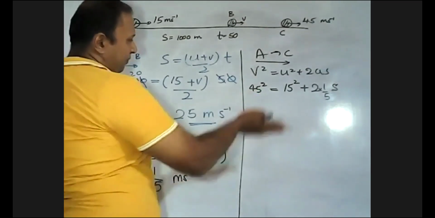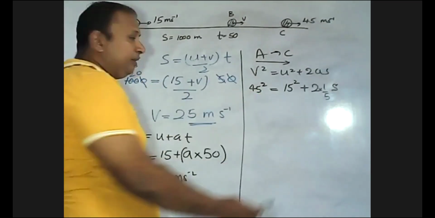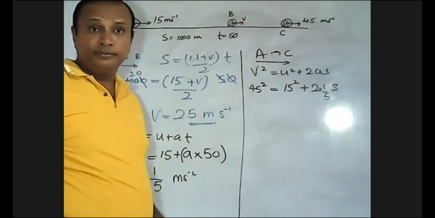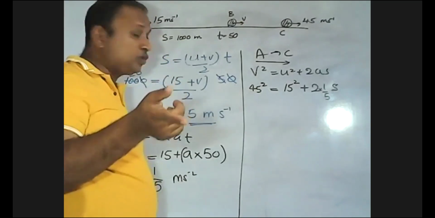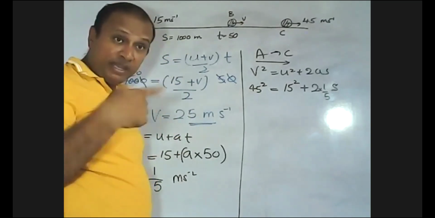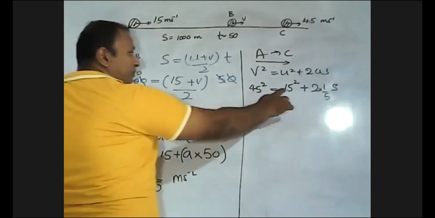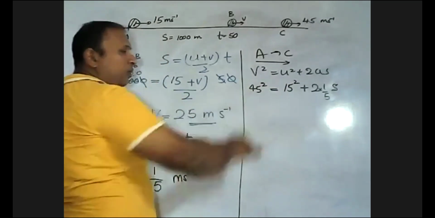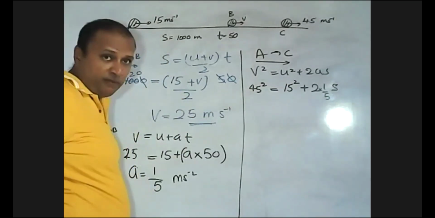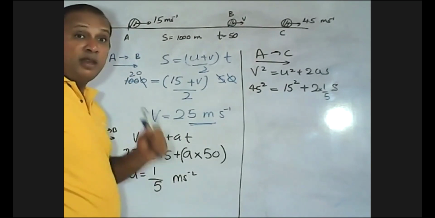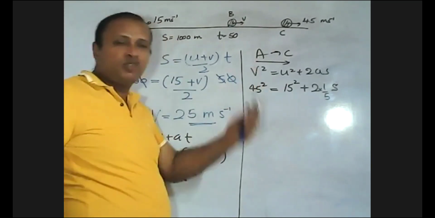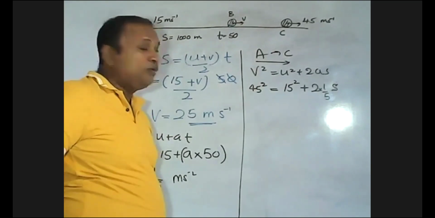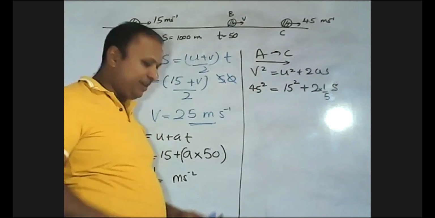From here to here, you can bring 15 squared to the other side: 45 squared minus 15 squared. That means difference of squares, 45 minus 15 into 45 plus 15.